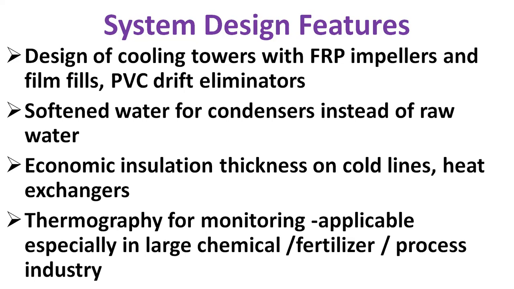Heat exchangers considering cost of heat gains, and adopting practices like infrared thermography for monitoring, applicable especially in large chemical, fertilizer and process industries. Adoption of energy efficient heat recovery devices like air-to-air heat exchangers to pre-cool the fresh air by indirect heat exchange, and control of relative humidity through indirect heat exchange rather than use of direct heaters and chilling.